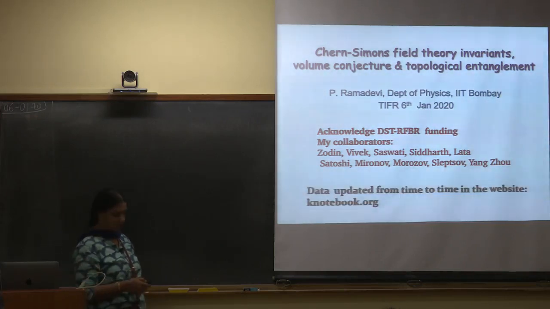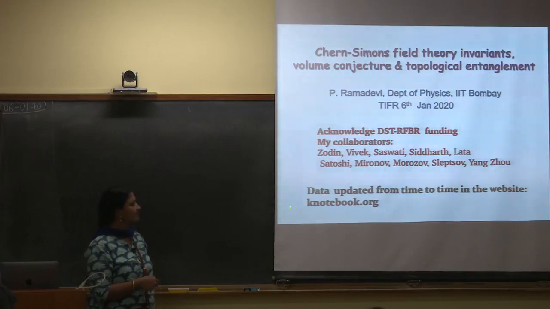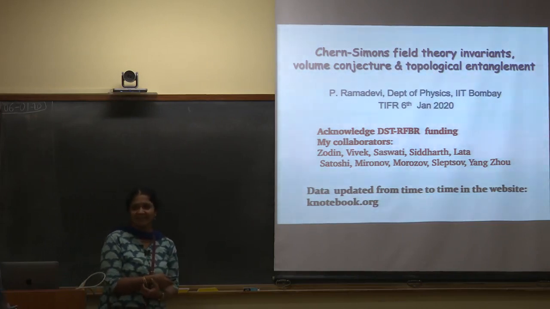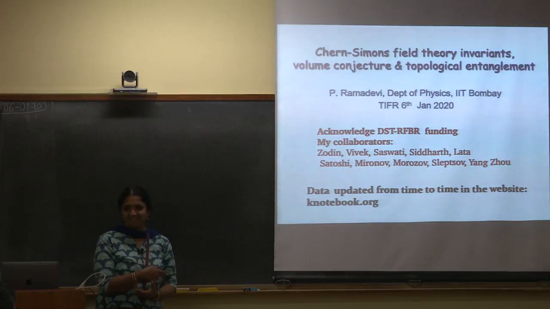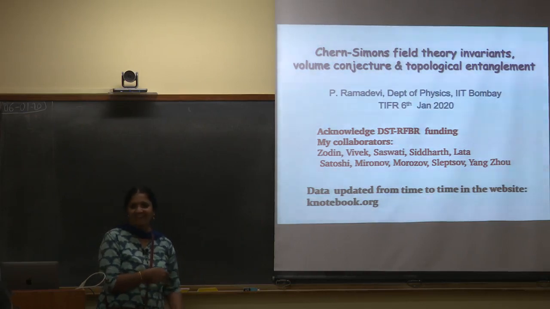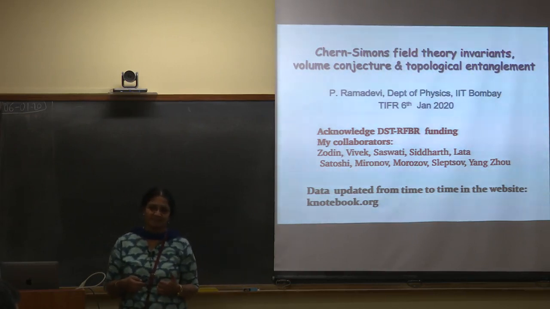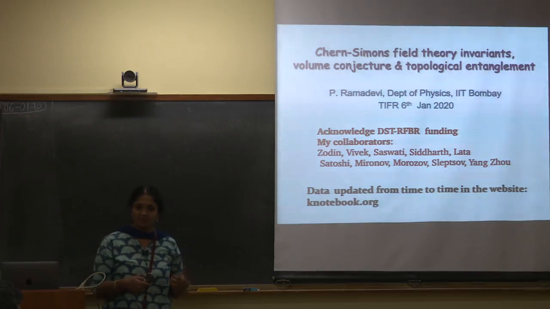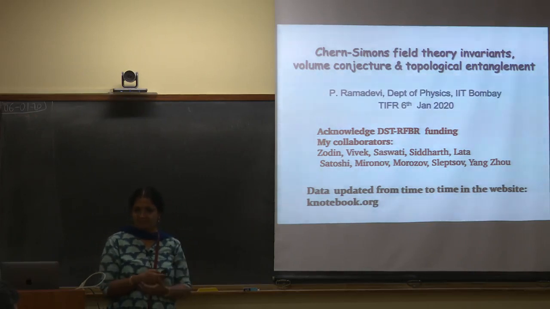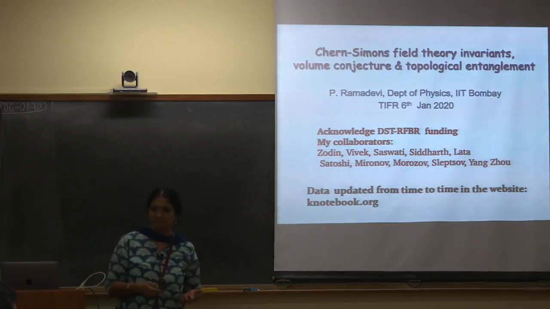Okay, and essentially, like the particle data book, there is a knot data which keeps getting updated because various conjectures like the Ooguri-Vafa conjecture, we have verified and tabulated for various knots up to 10 crossings.